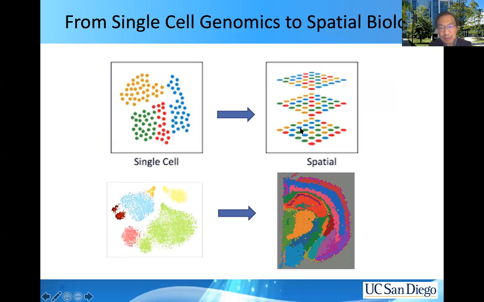As we move towards the spatial biology, we not only understand the individual property of the cell, we also can understand the spatial relations, the cell-cell interactions, put the cells in the context of the tissue or organ. So it provides a lot more information than single cell technology.